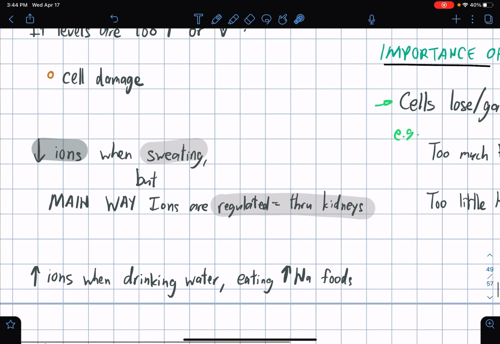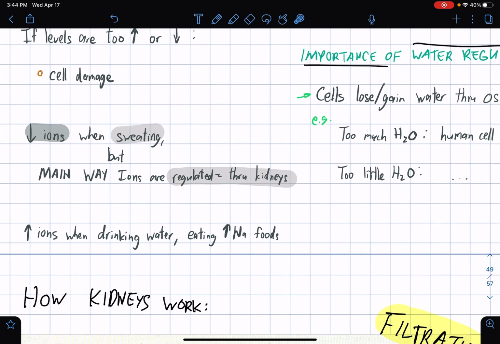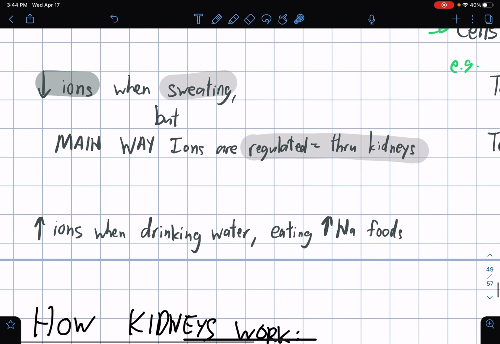So, there is a reduction in ions when you sweat, but the main way ions are regulated is through the kidneys. And ions increase when drinking water and when eating foods with high sodium. Although I think there's a distinction between the ions in water and the ions in salty foods. Because definitely, the more you drink, the better it is.